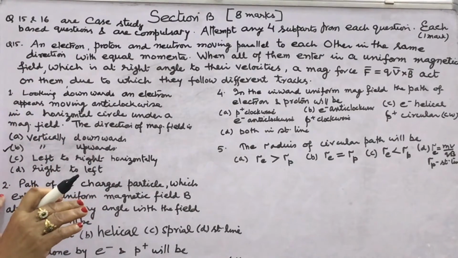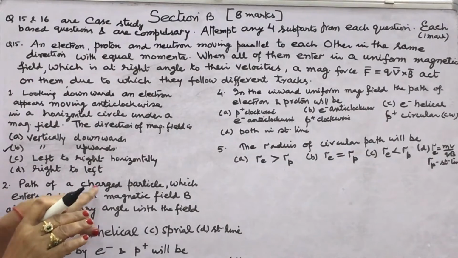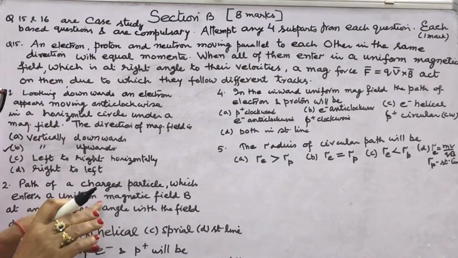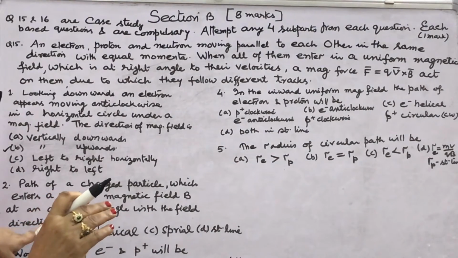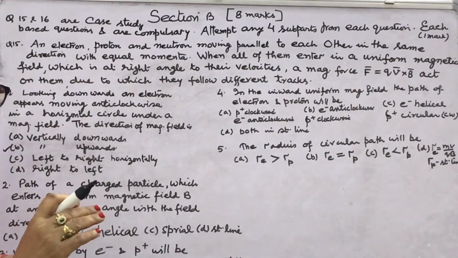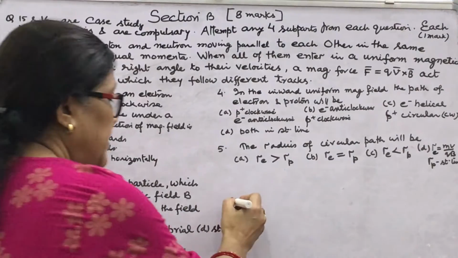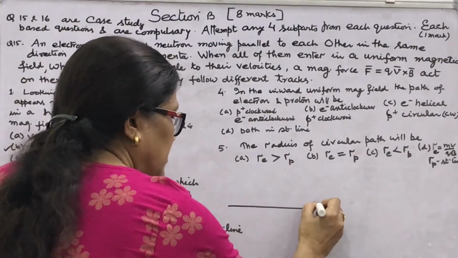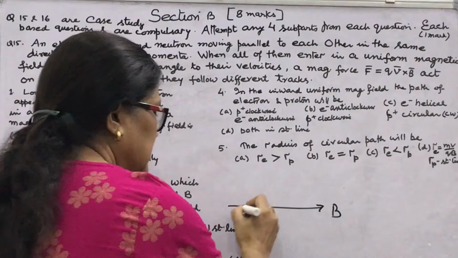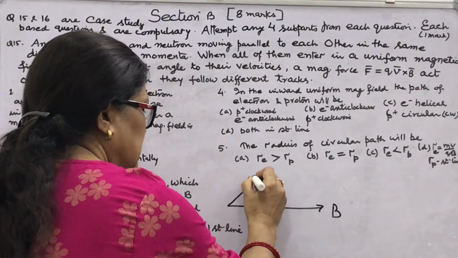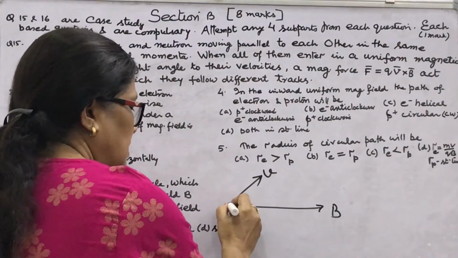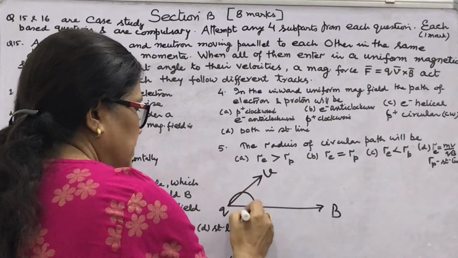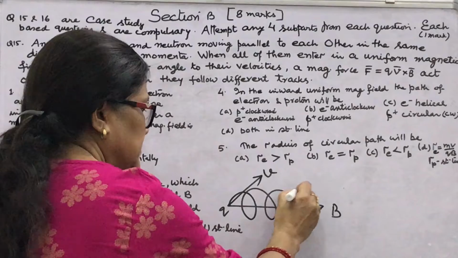Look, second question. The path of a charged particle which enters a uniform magnetic field B at an arbitrary angle with the field direction will be. What happens whenever the magnetic field is given in this direction and a charged particle is moving with the velocity v in this direction? Then its path becomes like this.